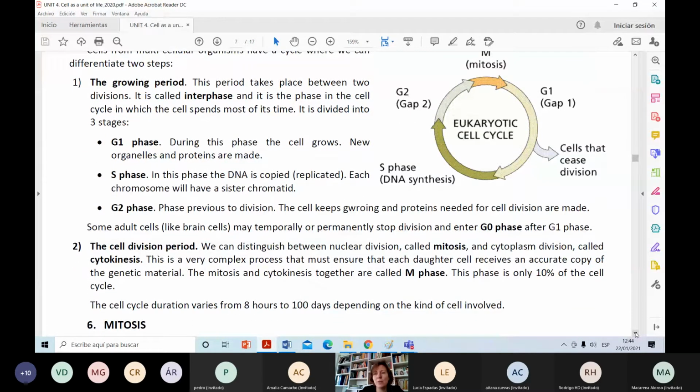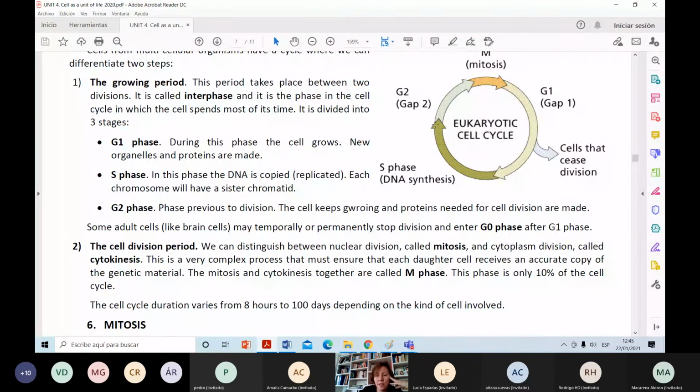So being able to differentiate in the cell cycle, not only that all this is interphase, but also knowing that that is G1, and during G1 the cell is growing and producing more organelles and everything for the cell to work.